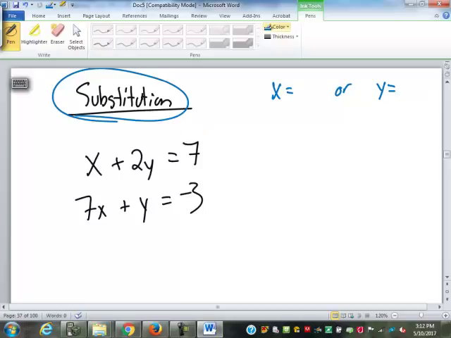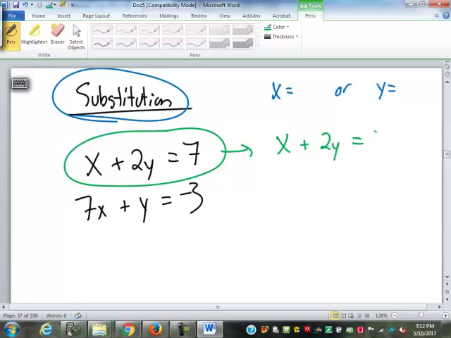So I'm going to take the top one here, and I'm just going to solve it for x. I am going to subtract the 2y, so x is equal to 7 minus 2y.